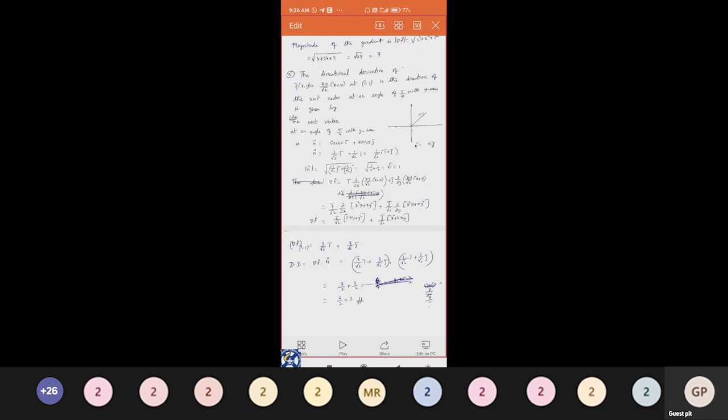That is, the ith component of the first vector is multiplied with the ith component of the second vector, and the jth component of the first vector is multiplied with the jth component of the second vector. So I get 3 by root 2 into 1 by root 2, which on simplification gives 3 by 2. And then again for the jth component, 3 by root 2 into 1 by root 2 gives me 3 by 2. So 3 by 2 plus 3 by 2 is 6 by 2, which on simplification gives me 3. Therefore, the required directional derivative is 3.